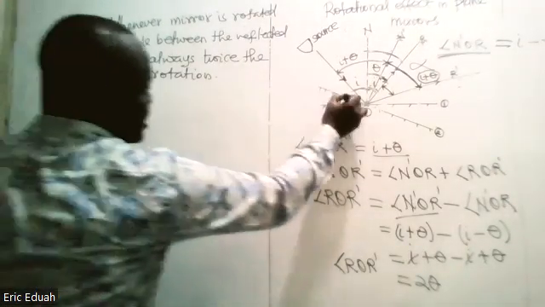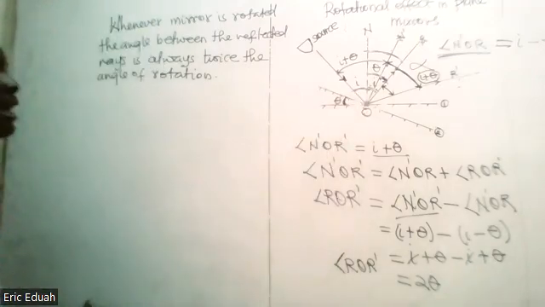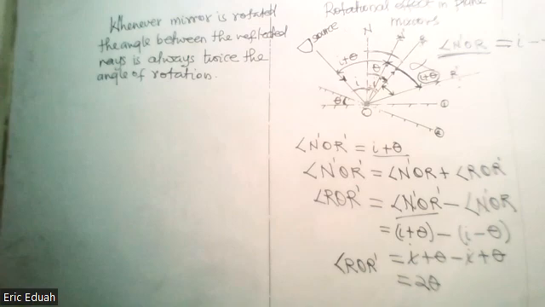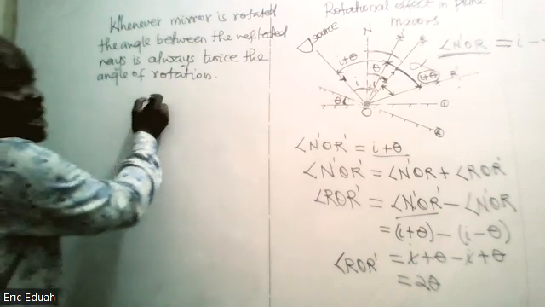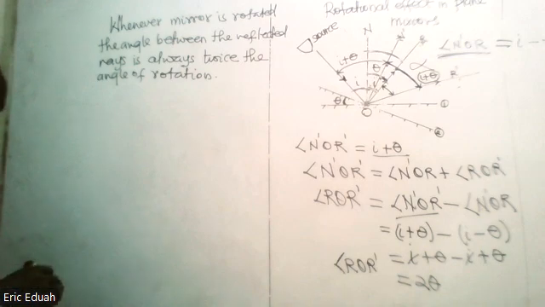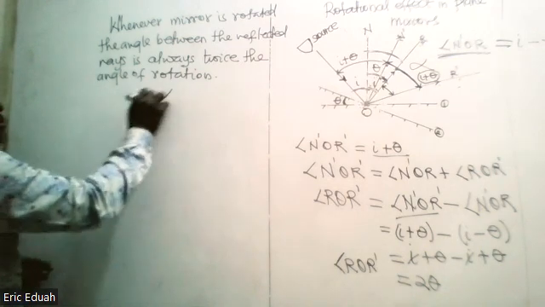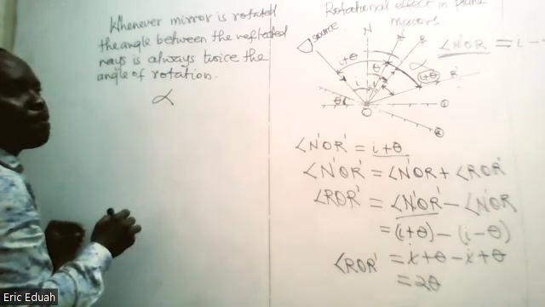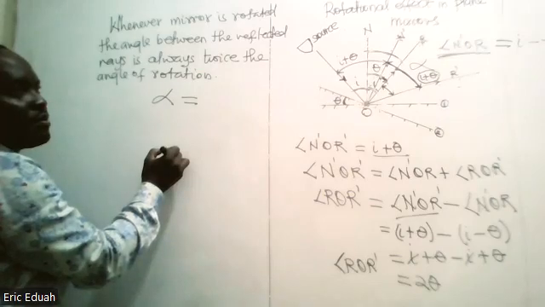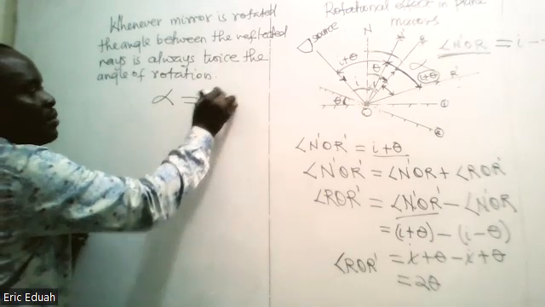If the angle of rotation is theta and the angle between the reflected rays is alpha, what equation can you write, Ishra? Alpha is equal to 2 theta.